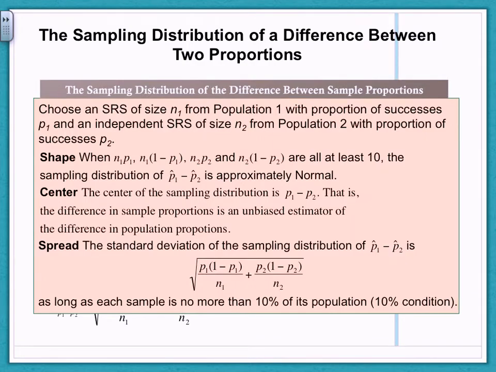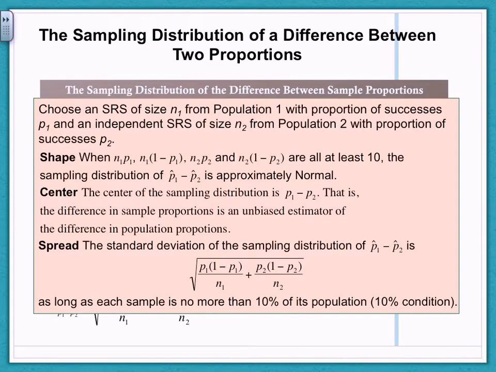The one thing we didn't talk about yet was the shape. It is going to be approximately normal when the large counts condition is met, when the number of expected successes and the number of expected failures are at least 10.